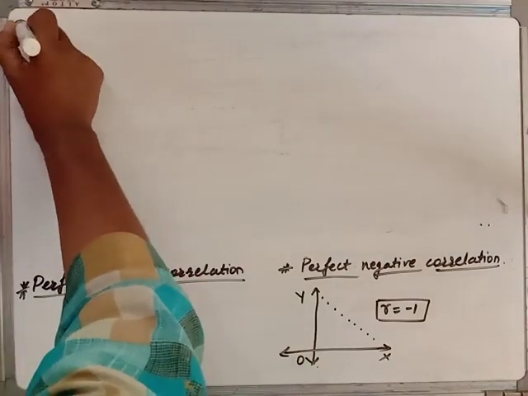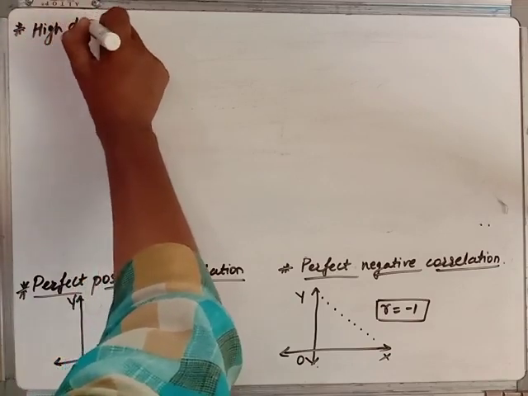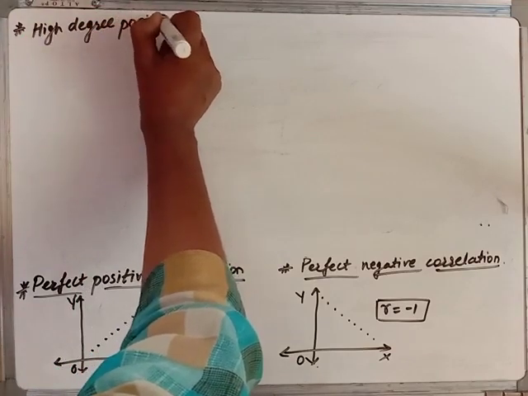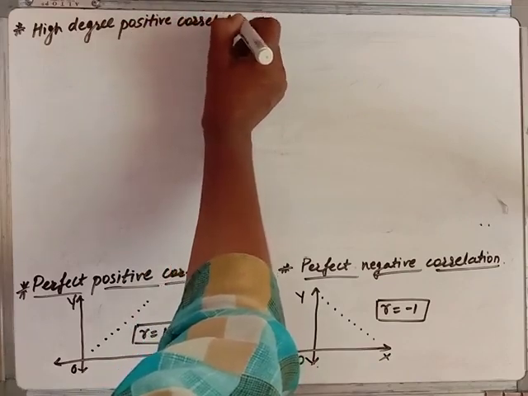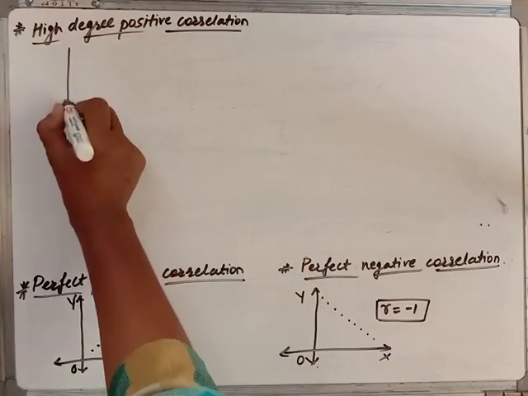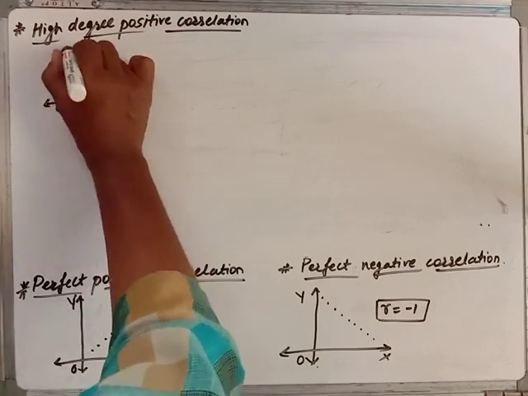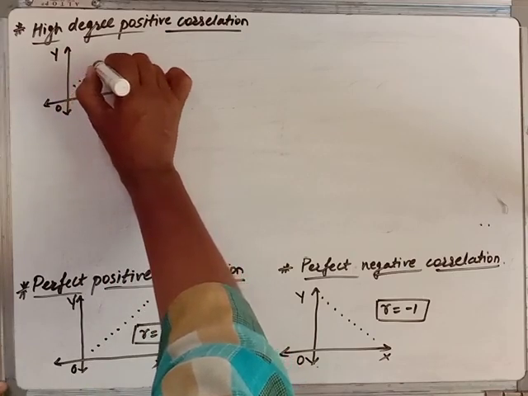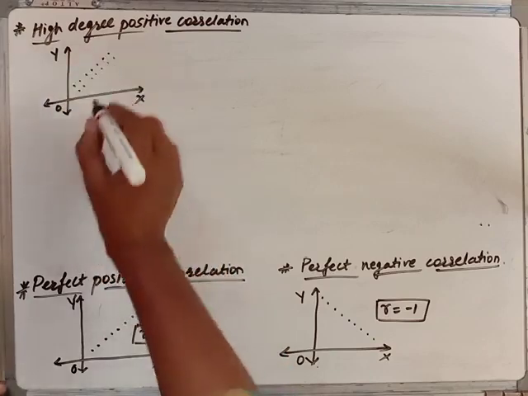The other one is high degree positive correlation. What is the scatter diagram? It is as such.